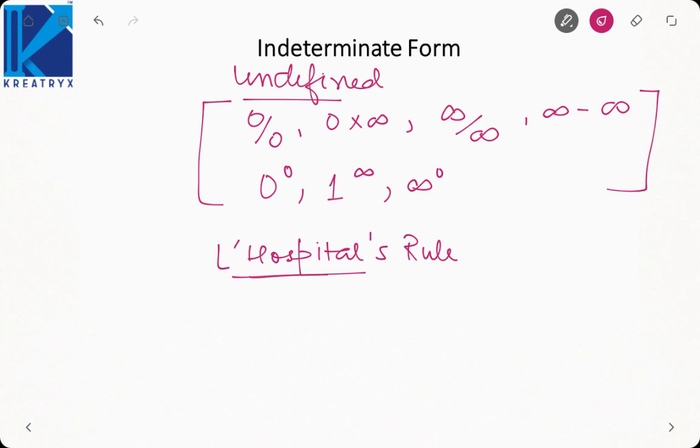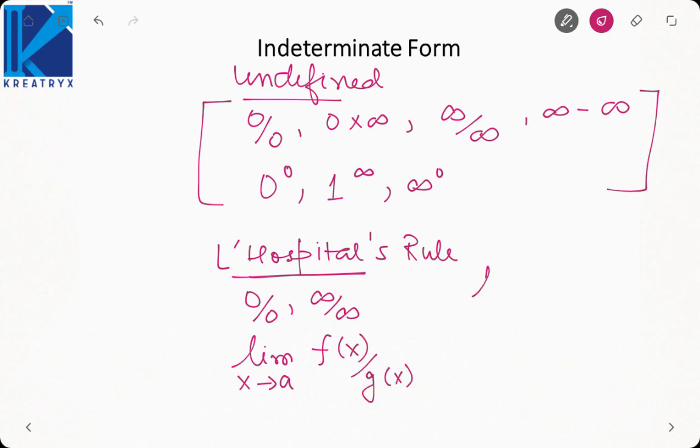So what does this rule say? If you have a form 0 by 0 or infinity by infinity, that is, let me say I have a limit like limit x tending to a of f(x) upon g(x), where limit x tending to a of f(x) is equal to, let us say 0, and limit x tending to a of g(x) is also 0.